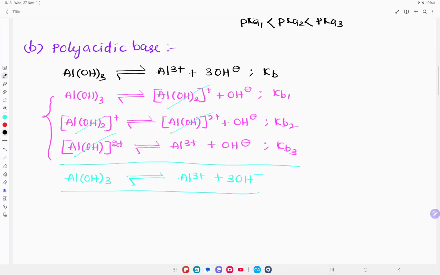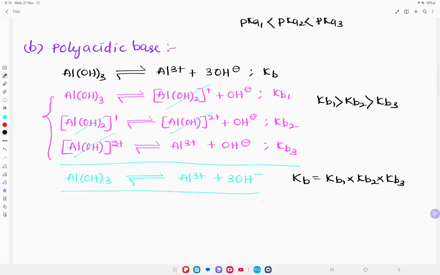Therefore, Kb is equal to what? On addition of equations, we multiply their constants: Kb1 into Kb2 into Kb3. For this also, Kb1 is greater than Kb2, greater than Kb3.